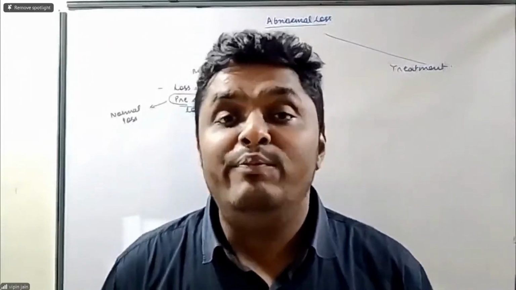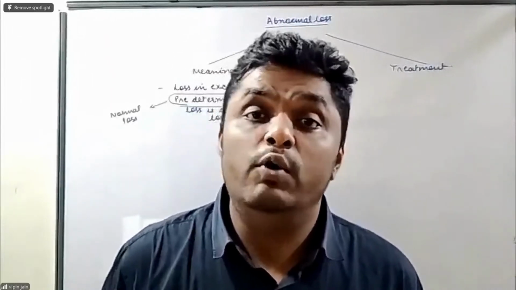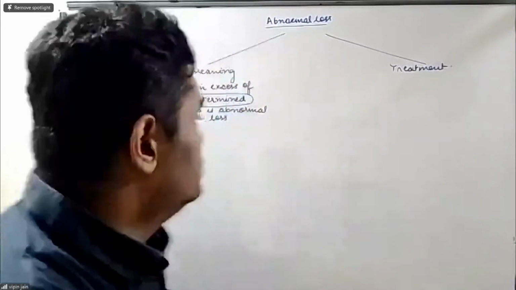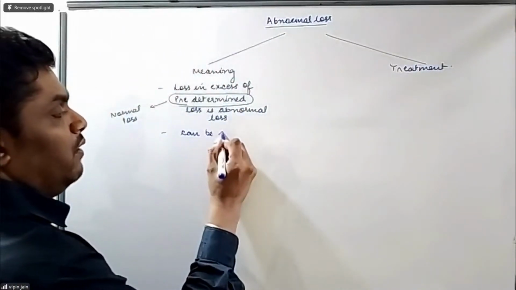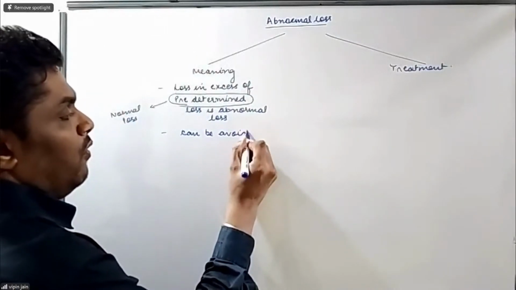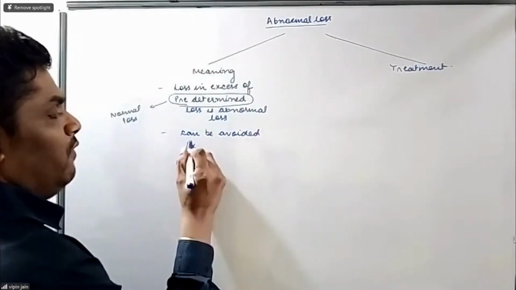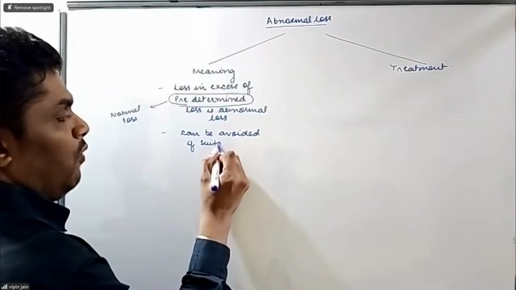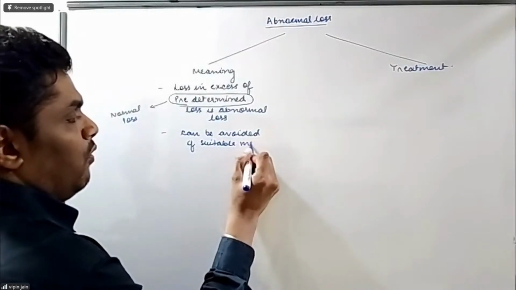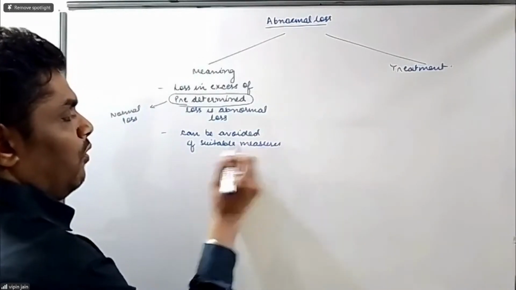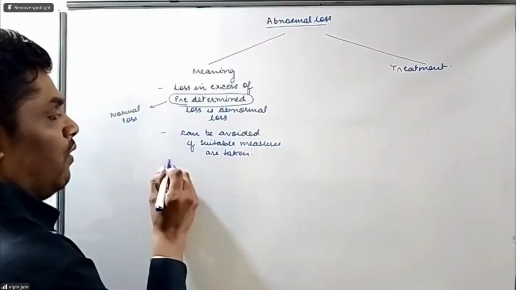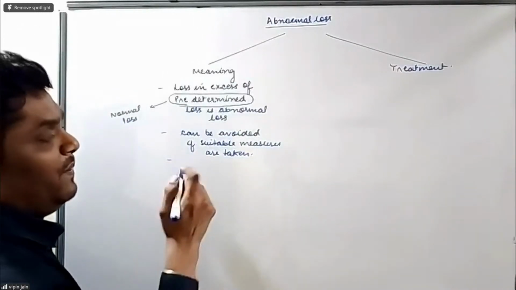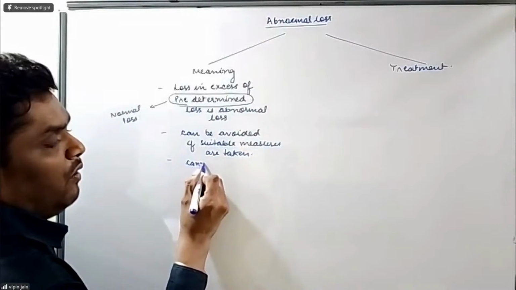Now it can be avoided. अगर हम चाहें तो इसे avoid कर सकते हैं. So it can be avoided if suitable measures are taken. It cannot be predicted in advance.